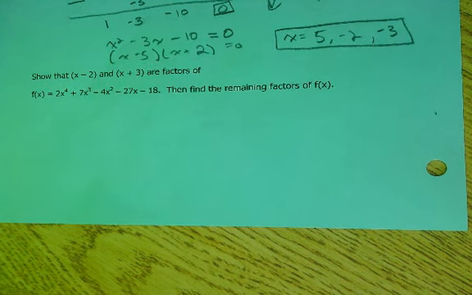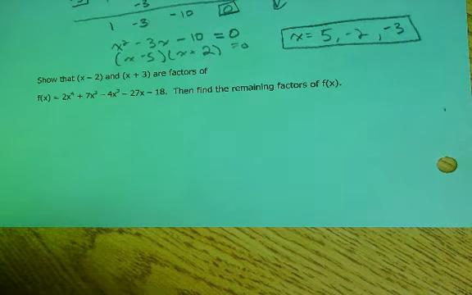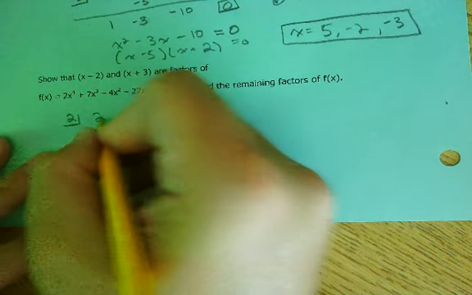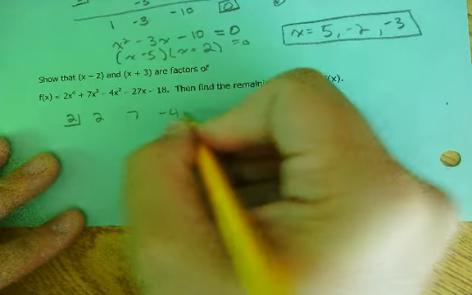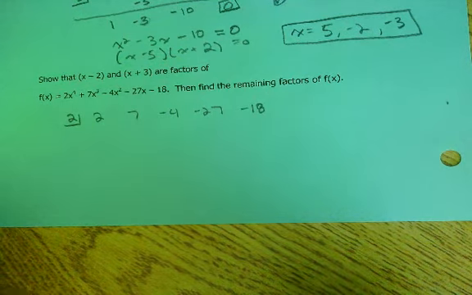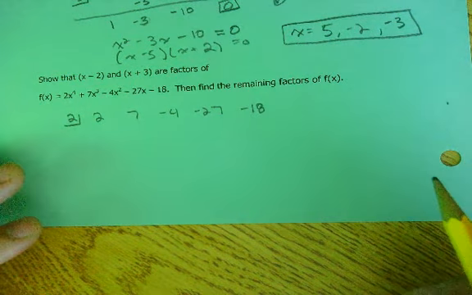Okay, show that these are factors, which means we're gonna have two different synthetic divisions. Yes, I love that. There's got two of them. Which one are you gonna do first? It doesn't matter. Do the 2. What's your problem? Personal problem? Mathematical problem?